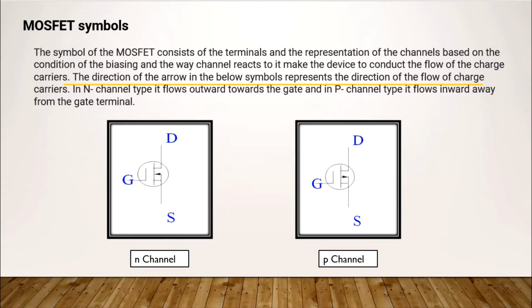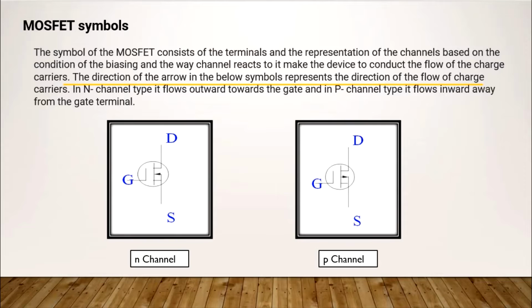MOSFET symbols. The symbols of the MOSFET consist of the terminals and the representation of the channels. Based on the condition of the biasing, the way the channel reacts to it makes the device conduct the flow of the charge carriers.